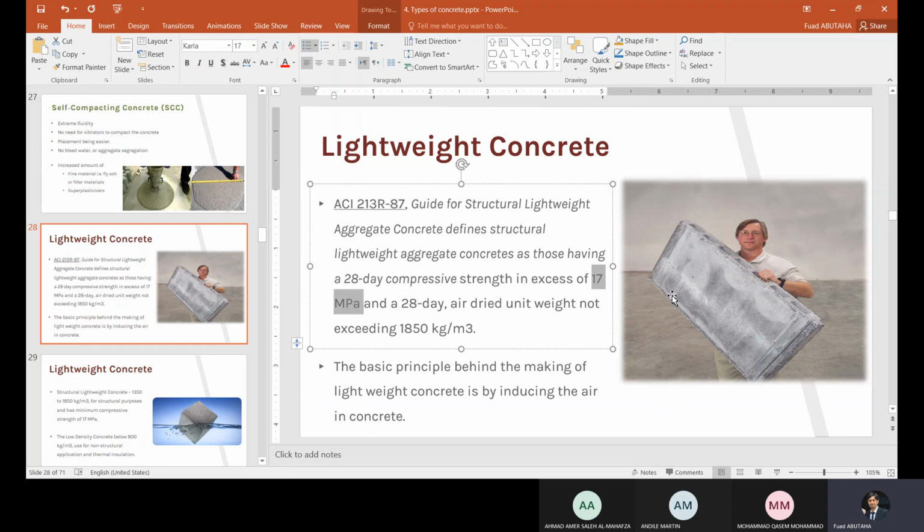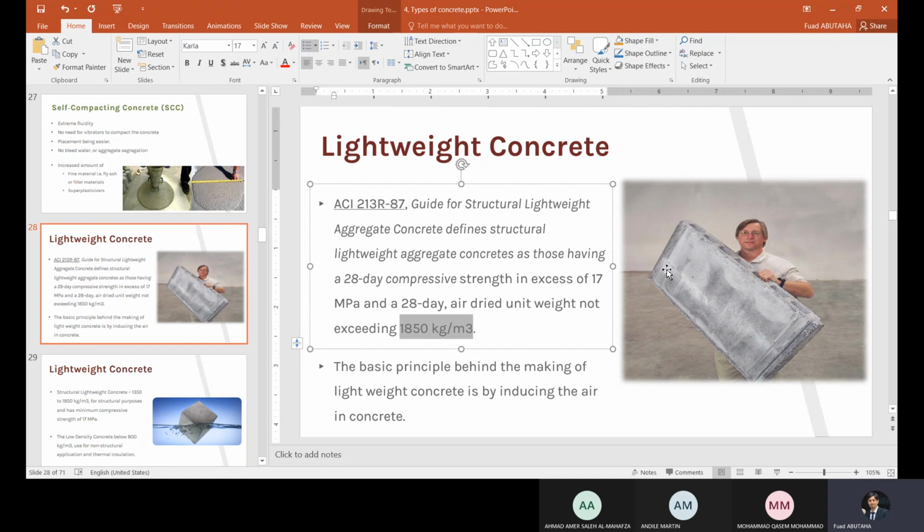And as a result of decreasing the weight of the concrete, what are the methods that we follow in order to decrease the weight? By creating voids inside the concrete itself. The more voids inside the concrete, the lighter the concrete, the lower the density, but at the same time with lower strength.